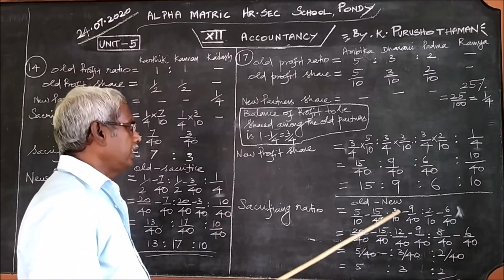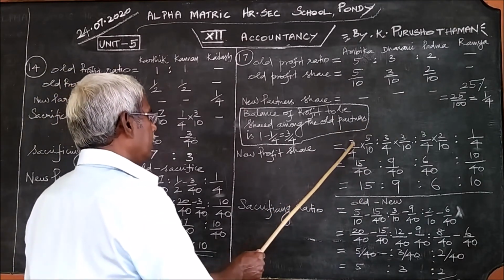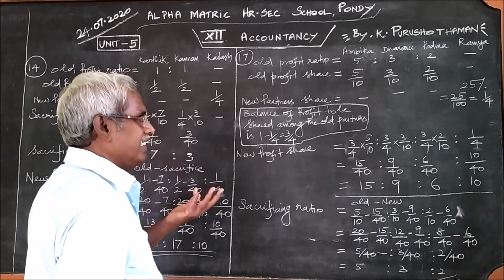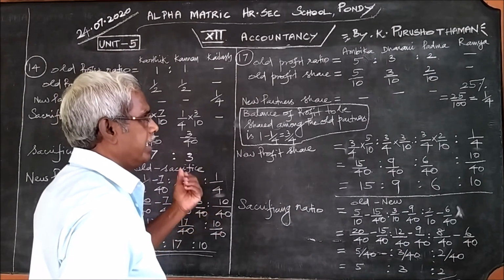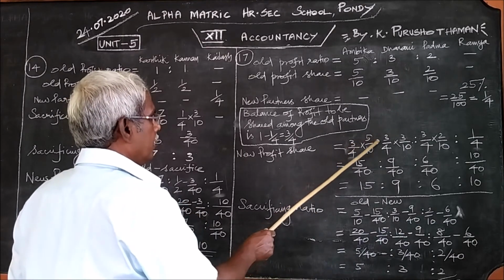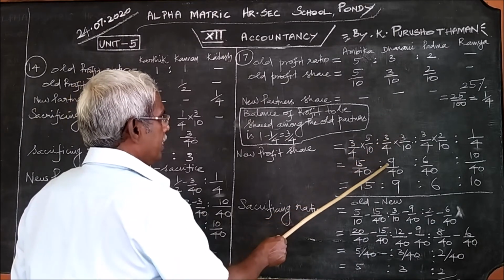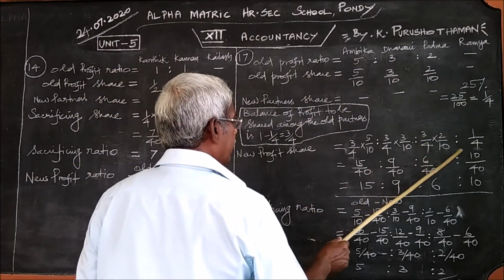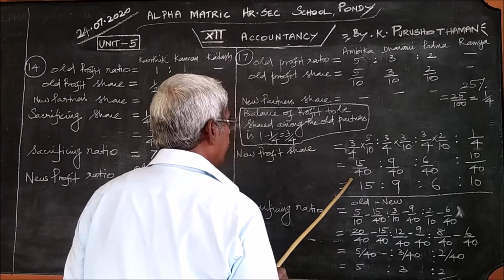Now you can simplify. In the product of fractions, multiply the numerator with the numerator, denominator with the denominator. So 3 into 5, 4 into 10. 3 into 3, 4 into 10. 3 into 2, 4 into 10. Here all the denominators are 40.